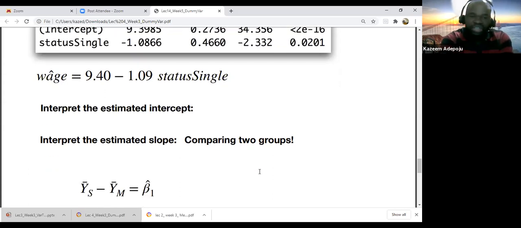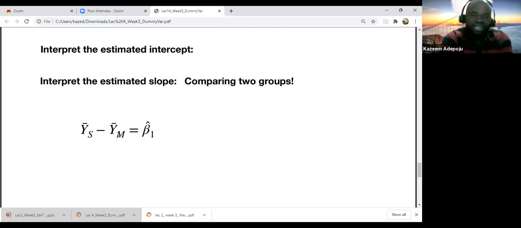This guy here is the average wage of single, this guy here is the average wage of married, so the difference between the averages of these means is going to be beta 1 cap. We actually need to test this statistically to see if beta 1 cap equals 0.